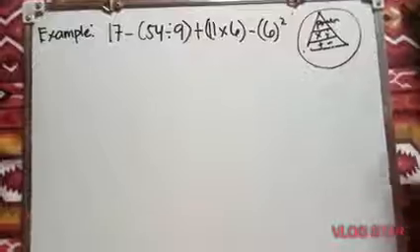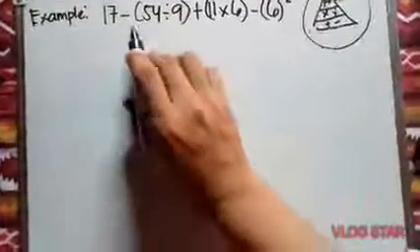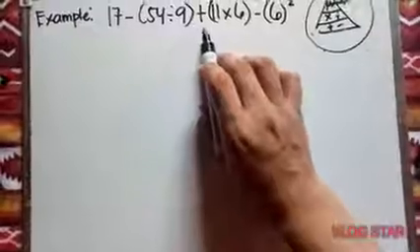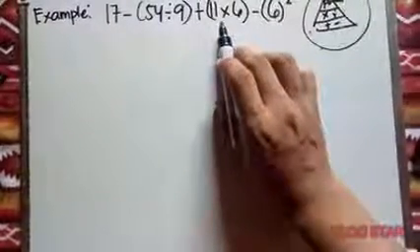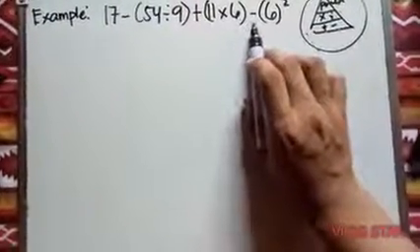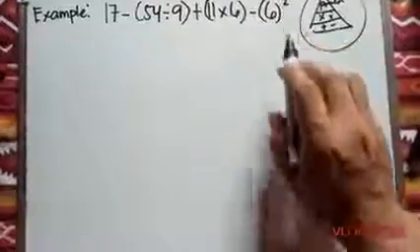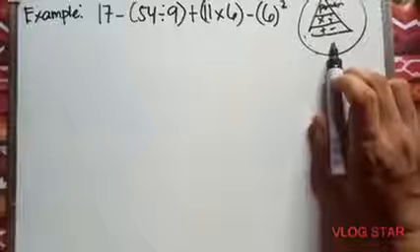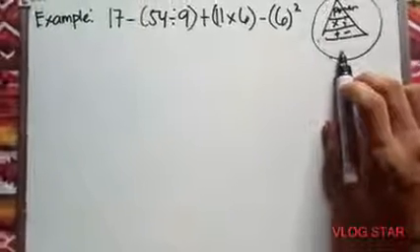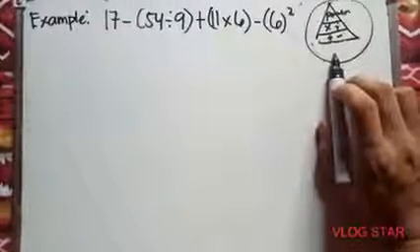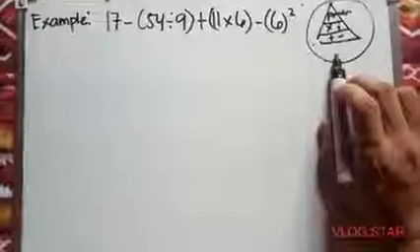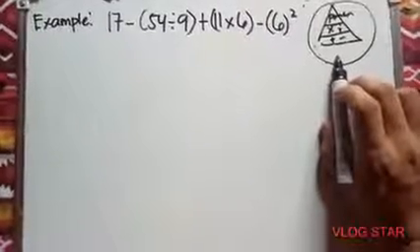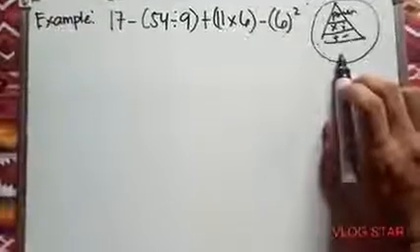So next example is 17 minus quantity 54 divided by 9 plus quantity 11 times 6 minus 6 squared. So looking at this hierarchy of operations, the first is, of course, we should evaluate the expressions inside the parentheses.